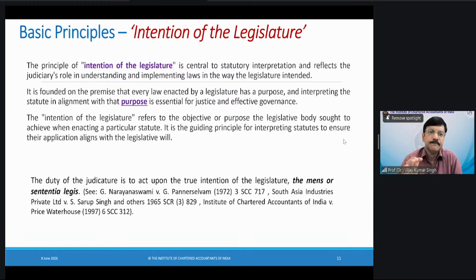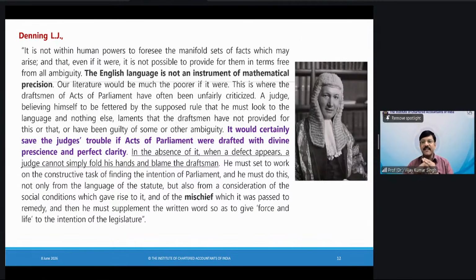Let us move further. So Lord Denning is a very renowned figure, a jurist who was in the UK, and he has given many decisions. In one of these decisions, he talked about the intention of the legislature, and he said very specifically that the English language is not an instrument of mathematical precision.